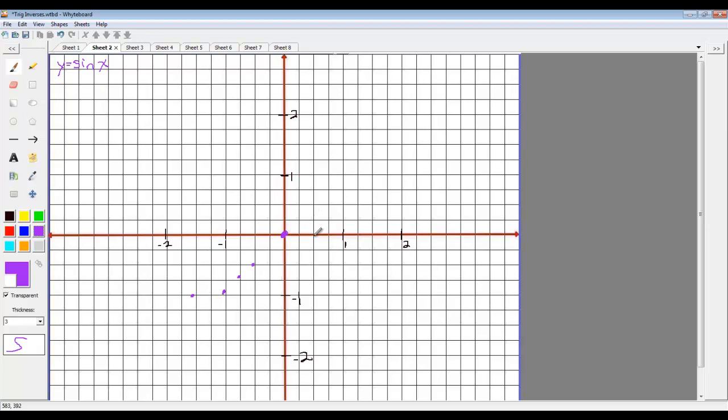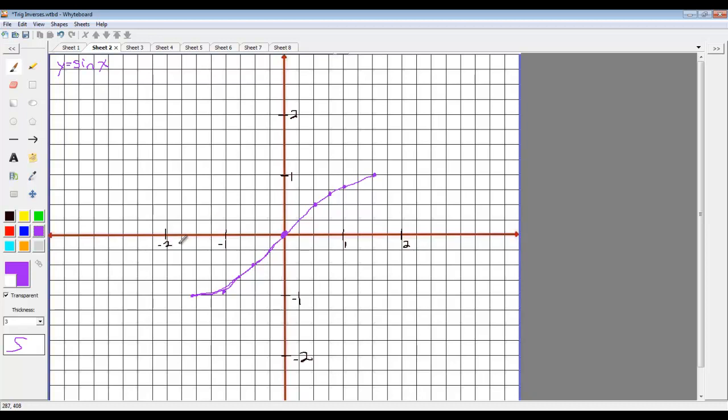At 0.52, you've got 0.5. At 0.79, you've got 0.71. At 1.05, you got 0.87. And at 1.57, you've got 1. Alright, so that's the sine curve for you. We're limiting it so it stops right there.